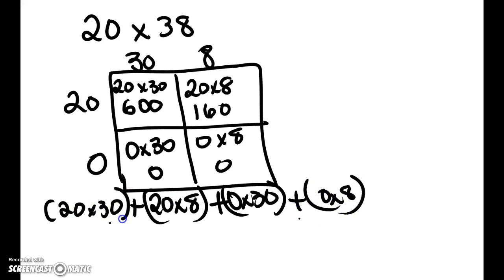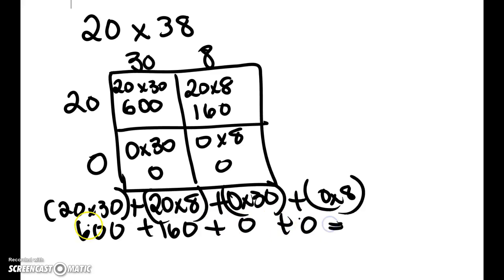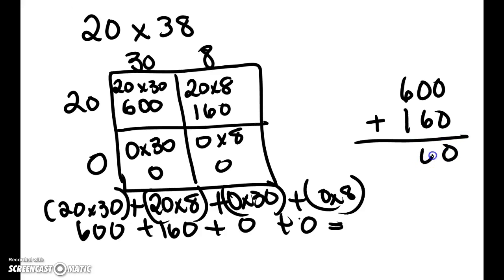And then those partial products are written underneath. Then she can add together the 600, the 160, for the total product of 760.